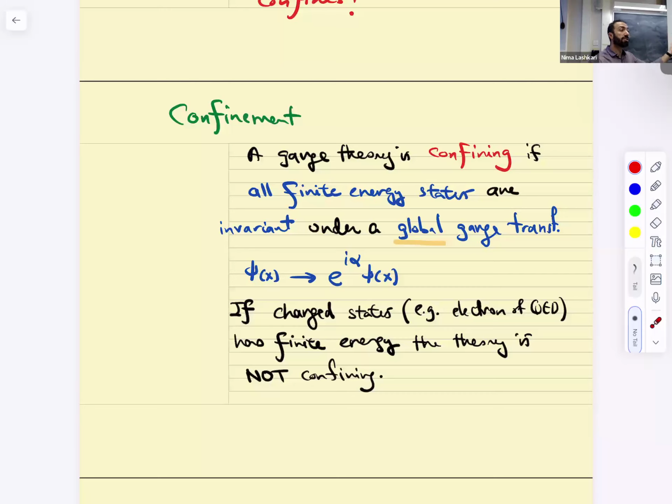A single electron state, under a gauge transformation psi of x going to e to the power i alpha psi of x, and it's global, meaning the same everywhere, does not stay invariant, right? It's a charged state. A theory that's confining cannot have any finite energy charged states. Is that clear by definition?